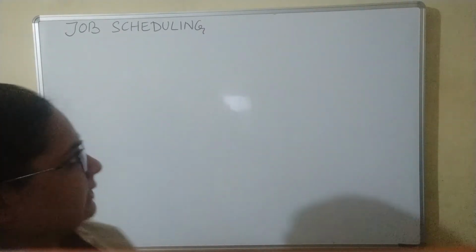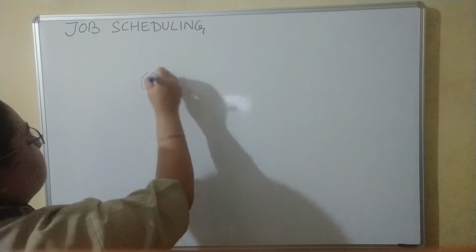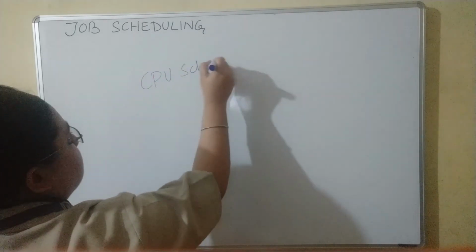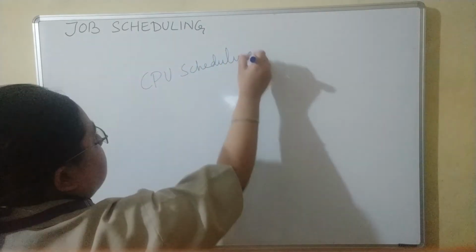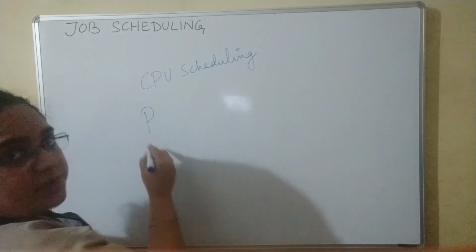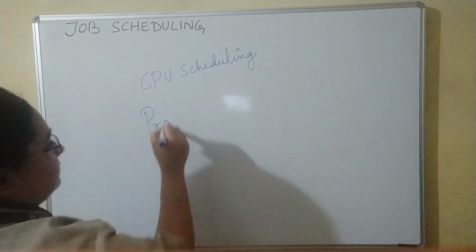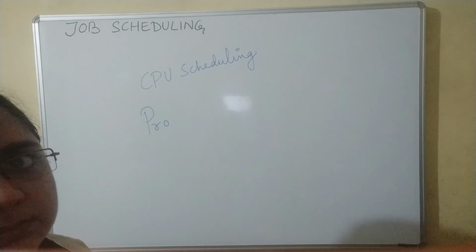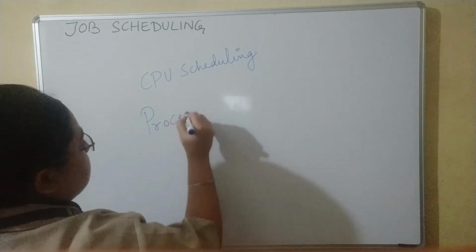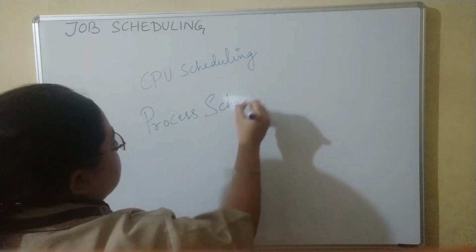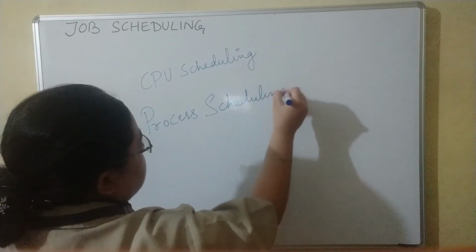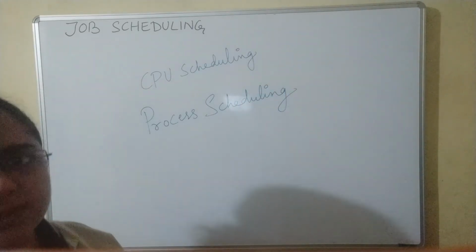Job scheduling, also known as CPU scheduling, also known as process scheduling.